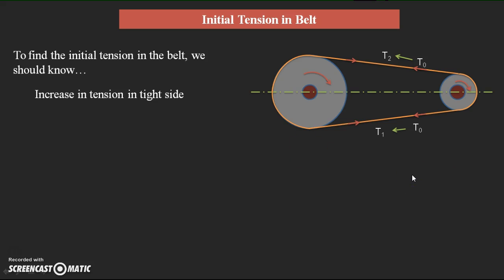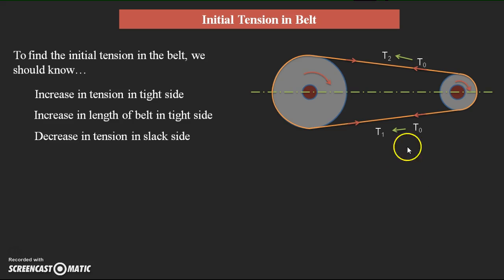Similarly, we need to find the length increase on the tight side. When the tension increases, the belt is enlarged, just like elongating the belt. That increased length we also need to find.